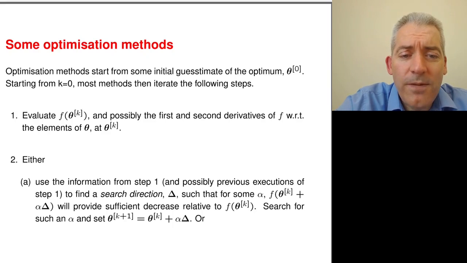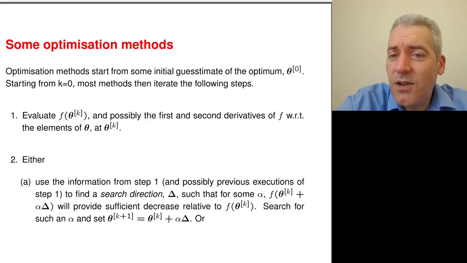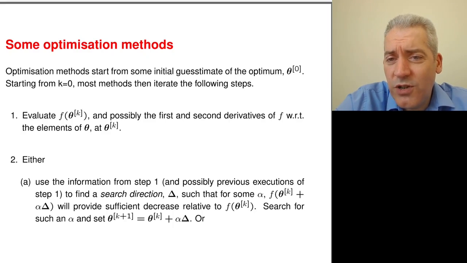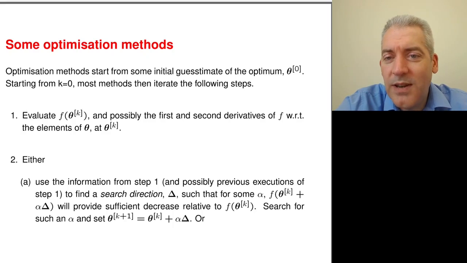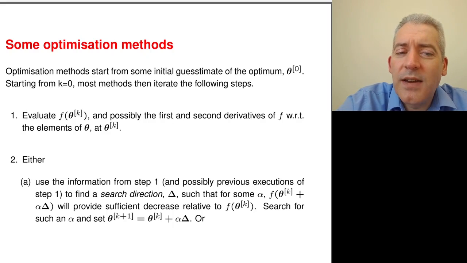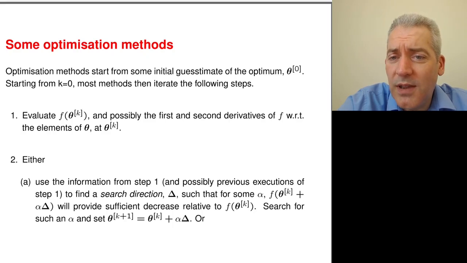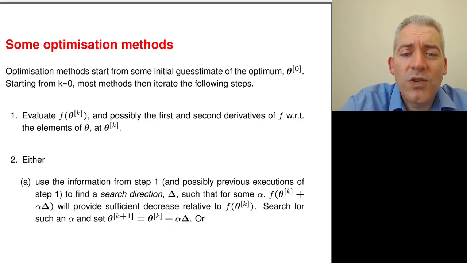So we could call that alpha, and then we could either do what's called a line search to find the value of alpha that minimizes the function in that direction. If your function is cheap to evaluate, that's probably a good strategy. So just keep varying alpha and do a 1D minimization in order to find the alpha that minimizes your function as much as possible in that direction, right? So that could be a good strategy.